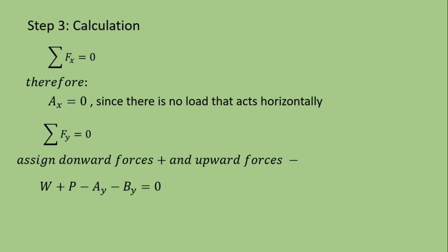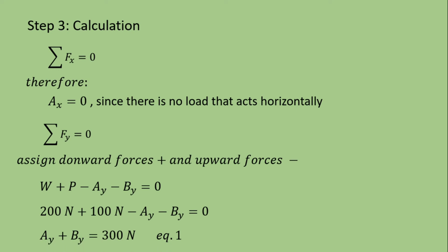So we have W plus P minus our upward forces, which are our A vertical and the B vertical reactions of the supports. To solve that, we have 200 Newton plus 100 Newton, then transposing, separating the variables from the constant, we get AY plus BY equal to 300 Newton. That will be our equation 1.